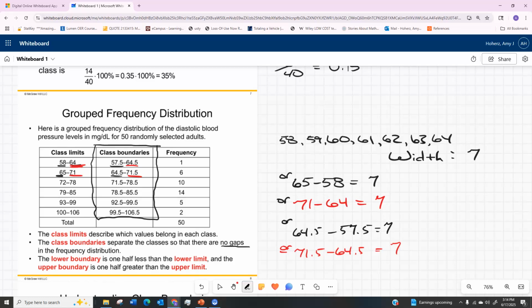If you'd rather count them, 58, 59, 60, 61, 62, 63, 64, and count how many are in the first class and then use that, that works too. So whatever makes sense to you. And you might start one way and then later be like, oh, I actually like this way better. But once you find what works best for you, I'd just stick with it and do it the same way every time.